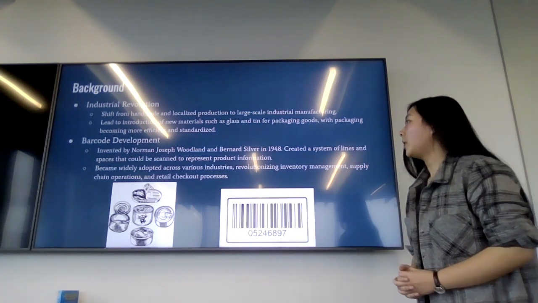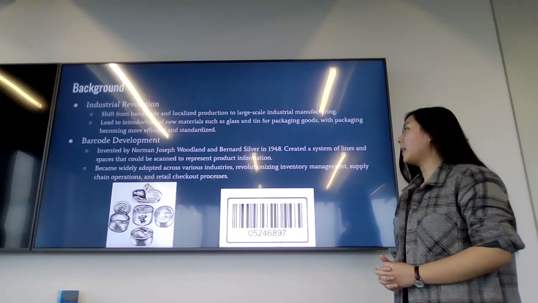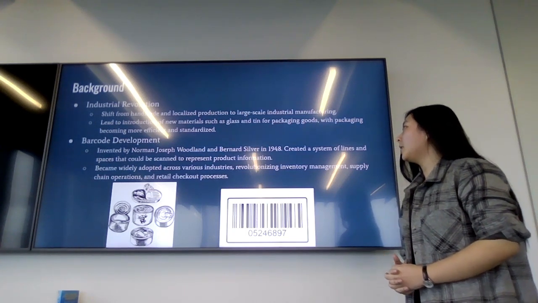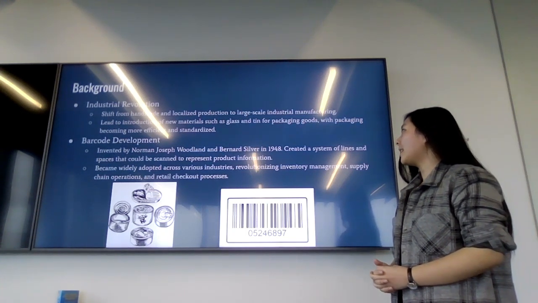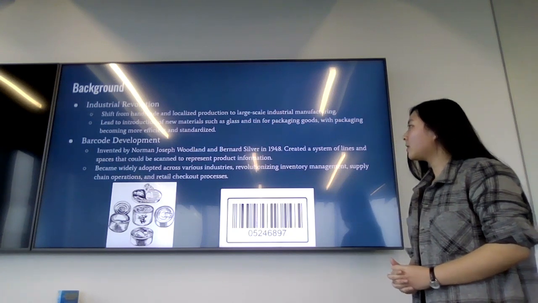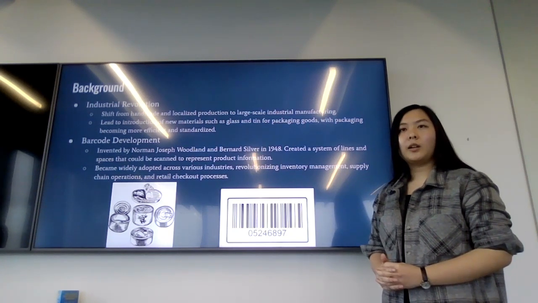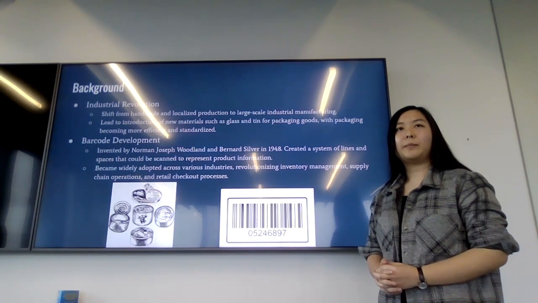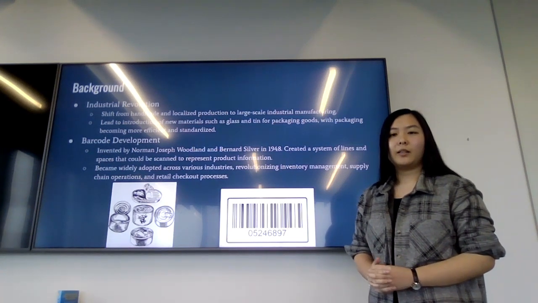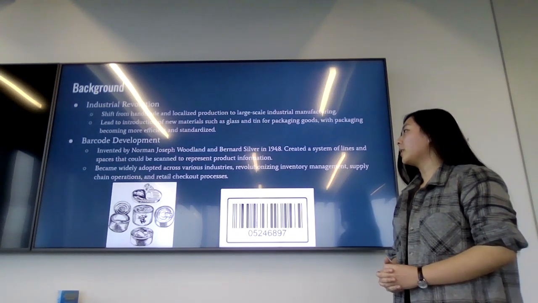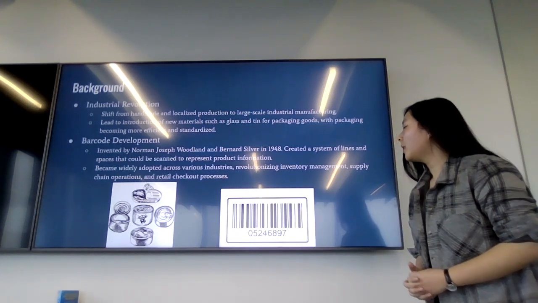And what this shift also led to was a new introduction of using materials such as glass and tin for packaging goods. And what this did was it could keep stored products for a longer period of time. And then next we'll also move on to the barcode development.